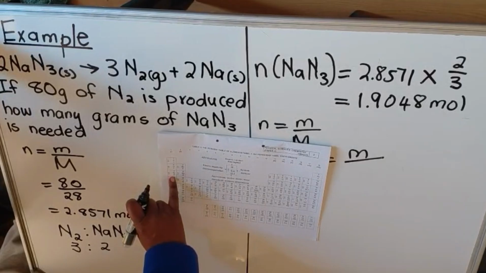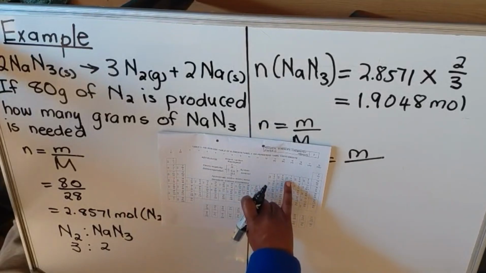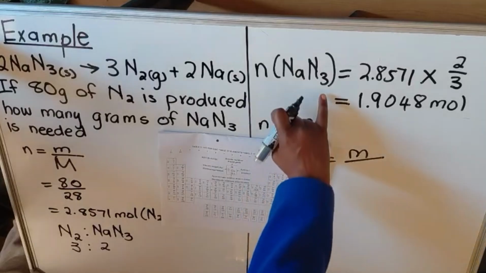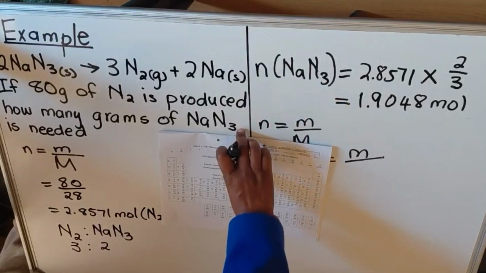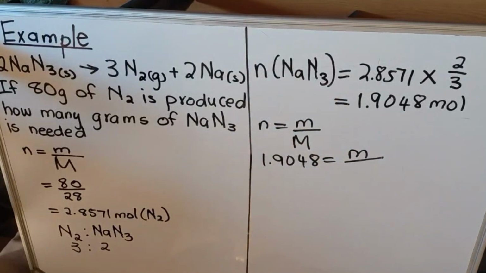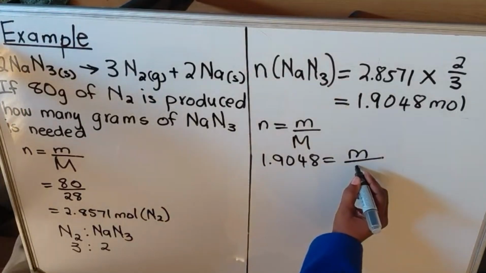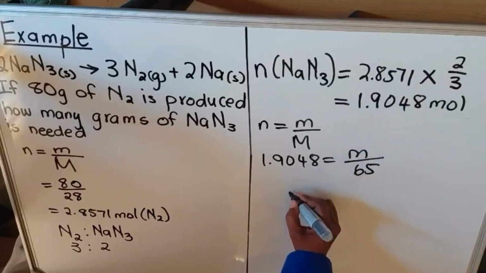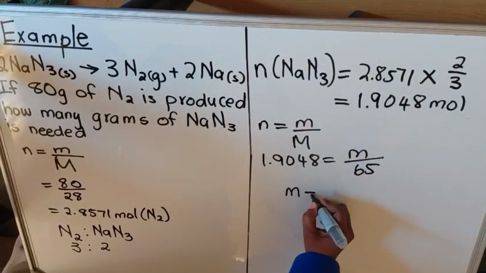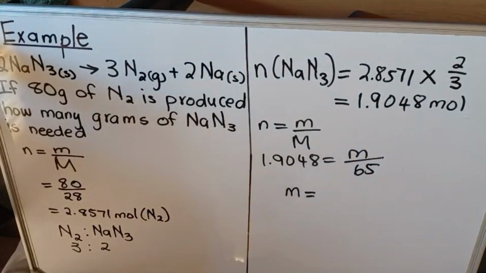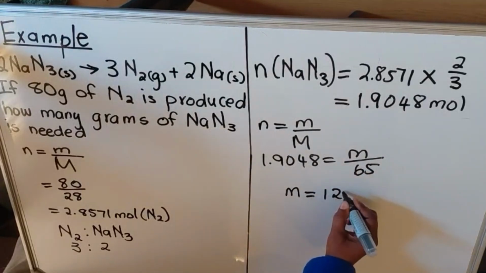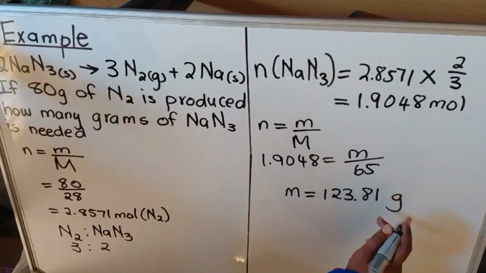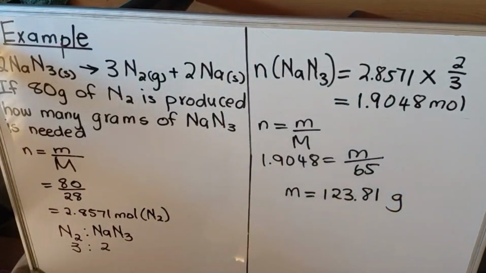So we have 23 plus the molar mass of nitrogen, which is 14, but there are 3 of them. So it's 14 times 3 plus 23, and your answer is 65. Then you cross multiply, and you find that the mass is equal to 123.81 grams. Then you can round it off.